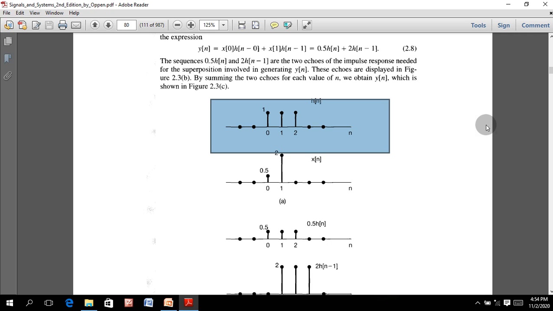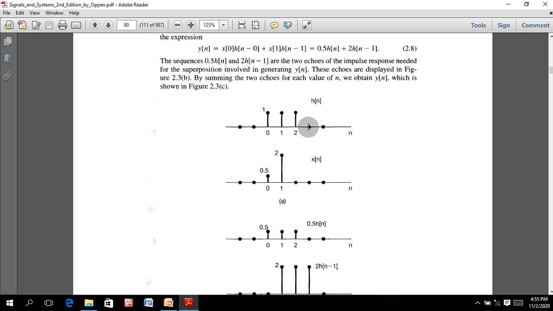Suppose we have fed two different digital systems with delta of 1, the impulse response is not accurately the same, so it depends on the system. So the sequence of these are the two echoes of the impulse response needed for the superposition involved in generating y of n. These echoes are displayed in figure 2.3b.